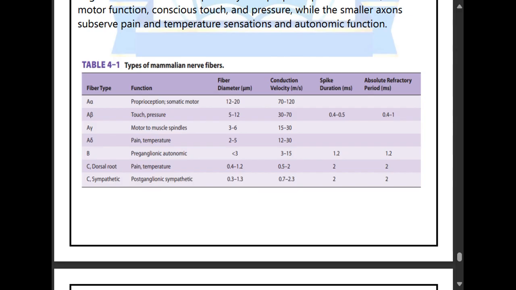Okay, the answer has already been given to the first part of the question, and the reason why they're not myelinated is that their function doesn't require rapid signal transmission. Okay, I like the line of thought.